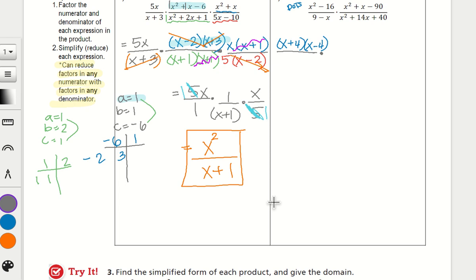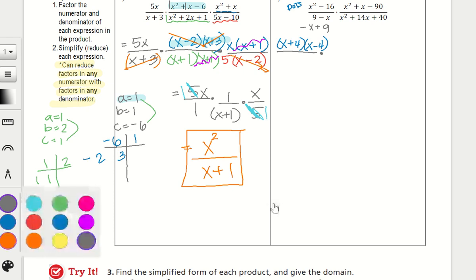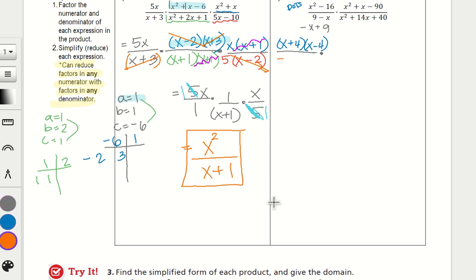But remember that I want to think about it as negative x plus 9. I need it to be in standard form. So if it's negative x plus 9, then I can factor out the negative 1, my leading coefficient. I don't want to have a negative leading term. So if I factor out the negative 1, that leaves me with a positive x minus 9 in my denominator.